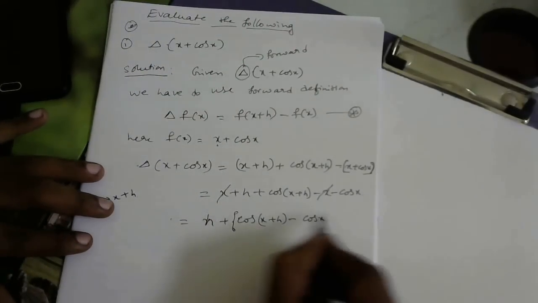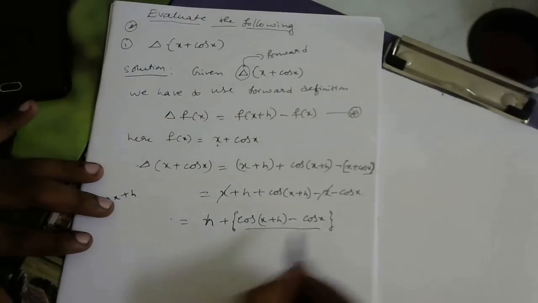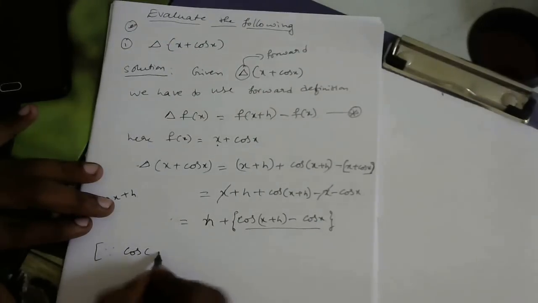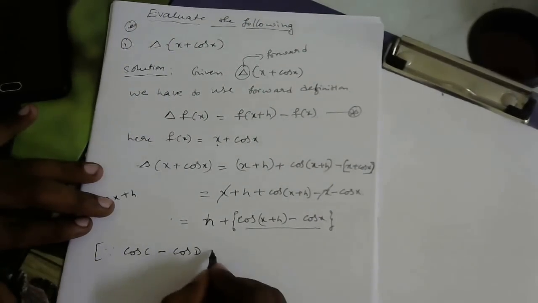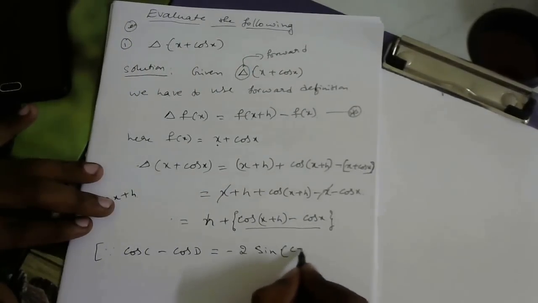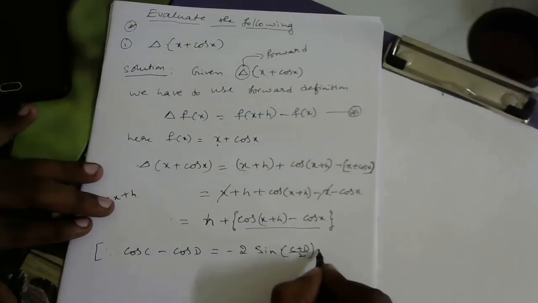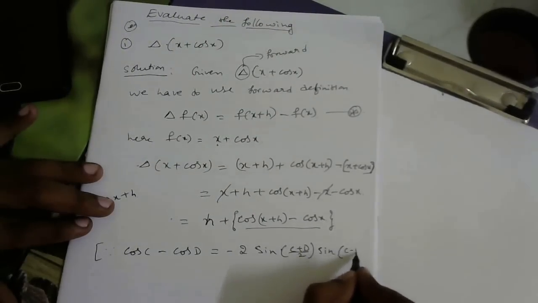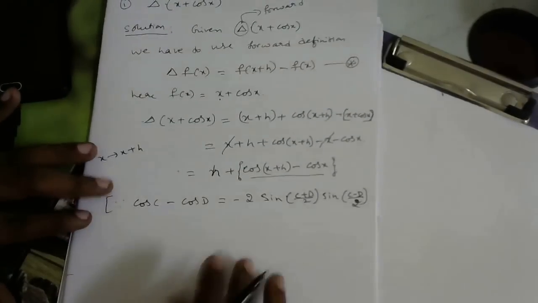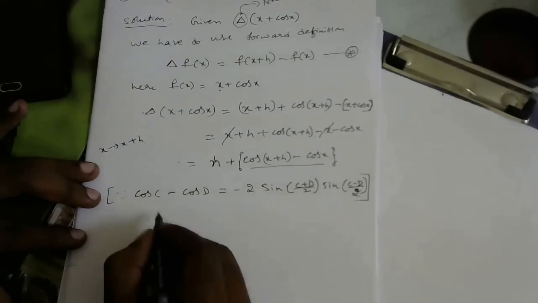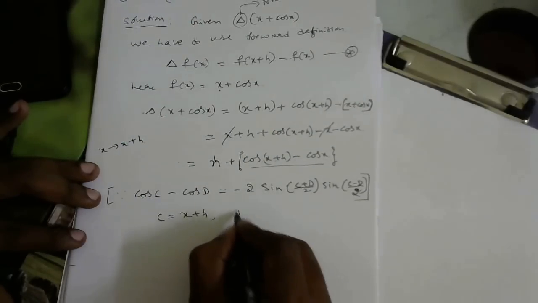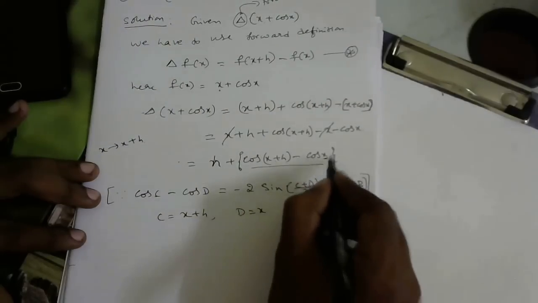So I'll take these two now. We know the formula: cos c minus cos d equals minus 2 into sine of (c plus d) by 2 into sine of (c minus d) by 2. What is c here? If you compare, c is x plus h, and d is x.